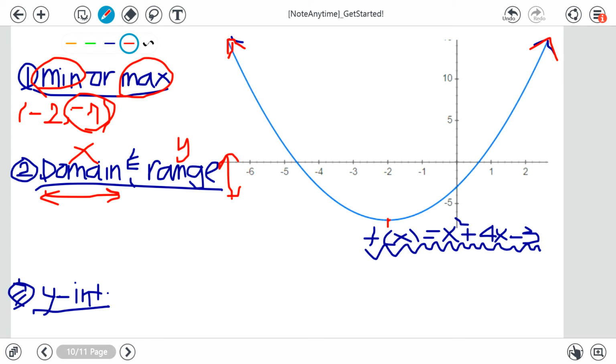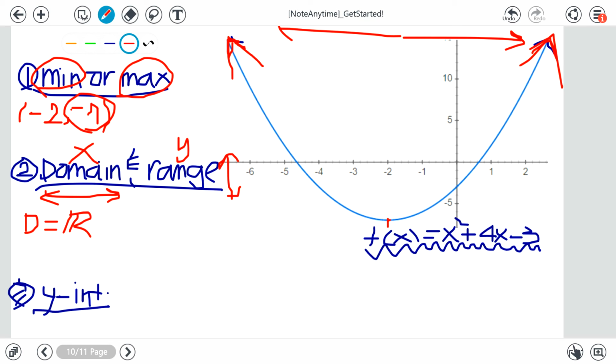Do you see how this graph goes infinitely to your left and forever to your right? So your domain is every single number on your left and right. I can say that your domain is all real numbers.